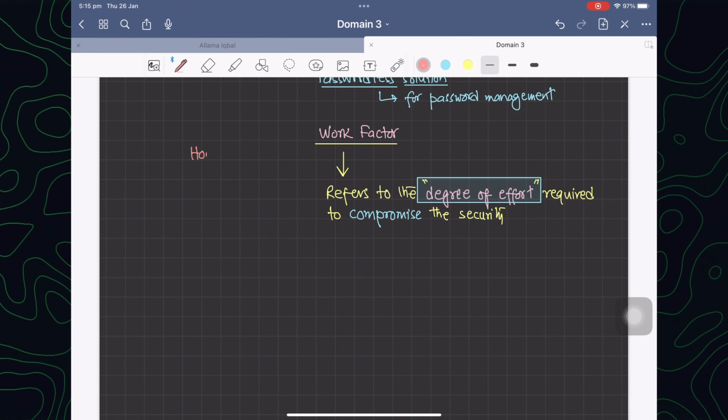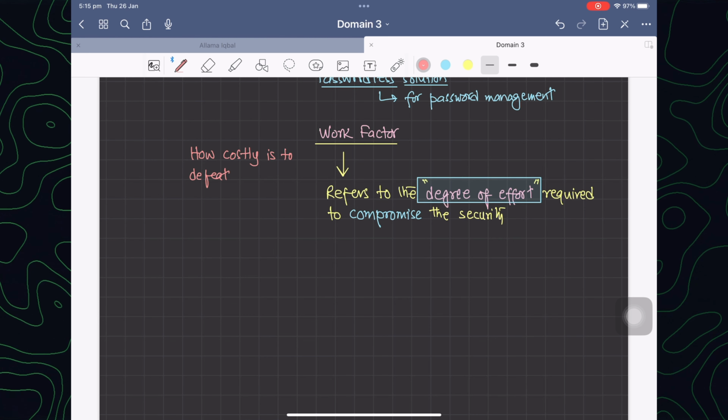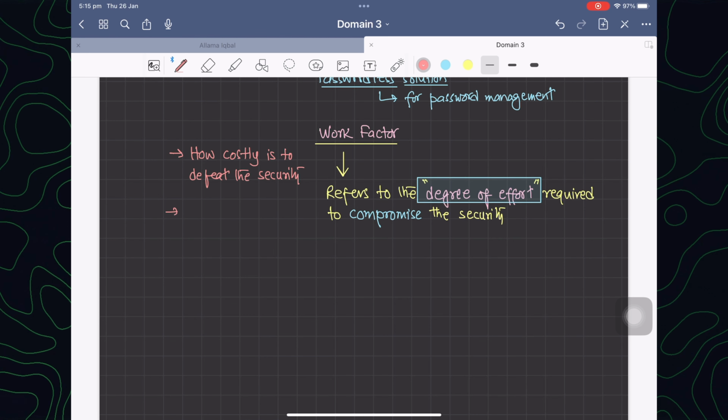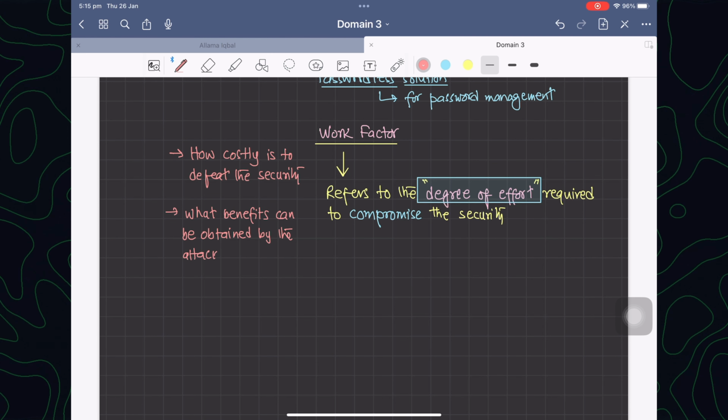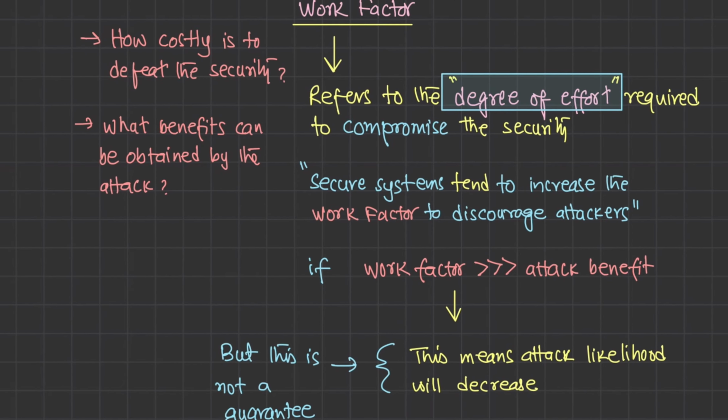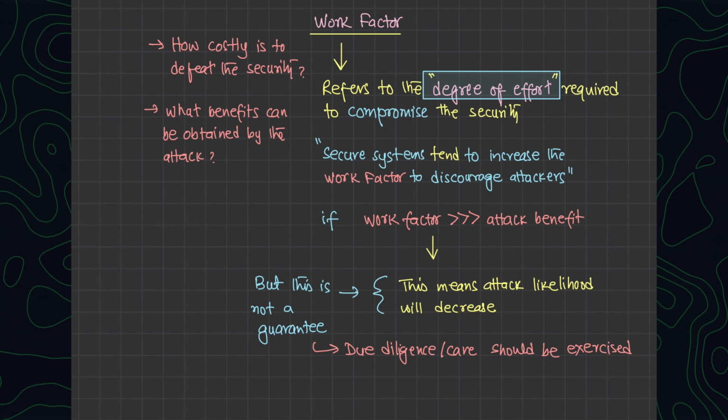When we talk of work factor, we think from the attacker's perspective: how much effort he will require in terms of time or money or resources to attack a system, plus how much benefit he will get out of the attack. So if the benefit of the attack is very small compared to the effort he puts in, this situation gives an indication that the attacker is not likely to attack the system, right?